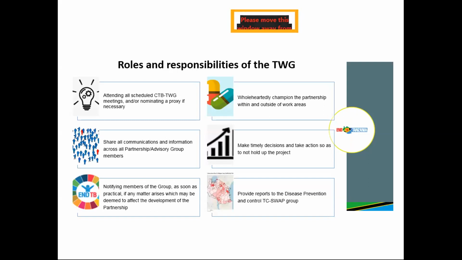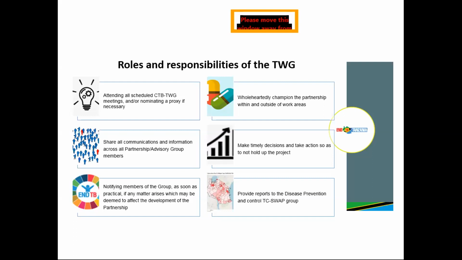So the roles and responsibilities of the TWG members, first of all, are attending the scheduled Child TB Technical Working Group meetings and nominating a proxy member to attend if necessary. Share all communication and information across the partnership advisory group members.